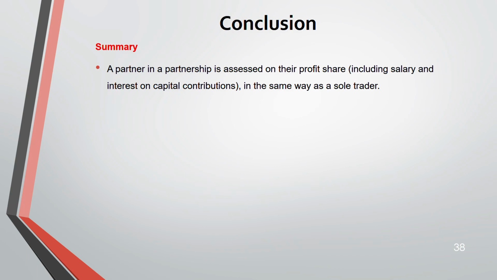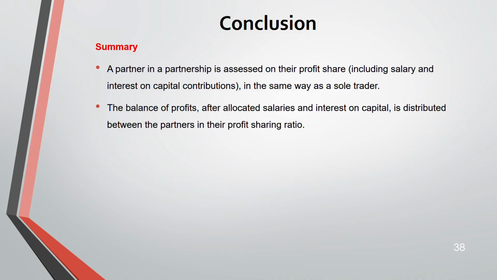They are not trading expenses under partnership. Then once you take your salary and interest on capital contributions, which will be given in the question, you have to find the balance of profit. They will give you the total profit. So you find the balance of profit and allocate it based on the profit sharing ratio among the partners. Remember, the balance of profit is after salary and interest on capital, not before that.